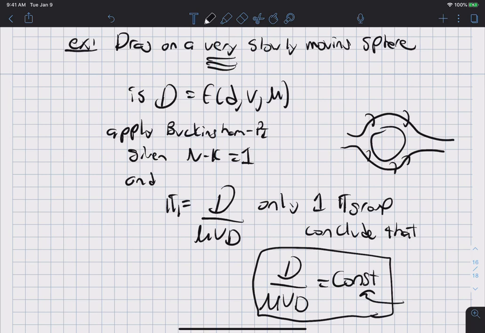Now we talked about cases where you have one pi group, and cases where you can achieve full similarity between all of the other pi groups.